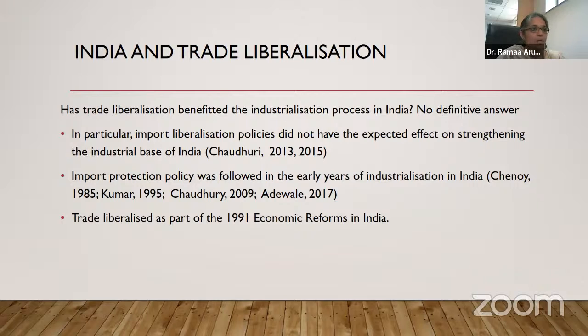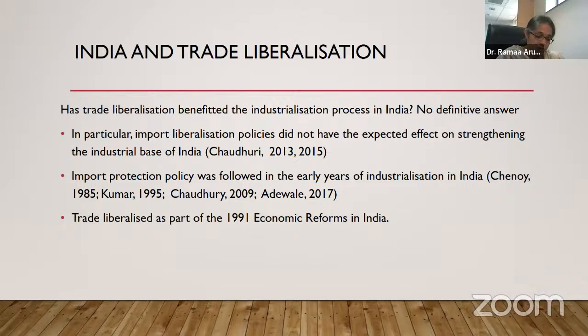But the import liberalization or trade liberalization, if we can just call it that for the moment, opened the gates for a lot of opportunities in terms of access to global markets and access of Indian industries to global and cheaper or better inputs for our own industrial base. However, the liberalization policy could be said not to have had the expected effect of strengthening the industrial base of India.